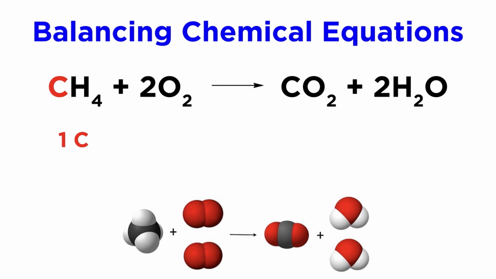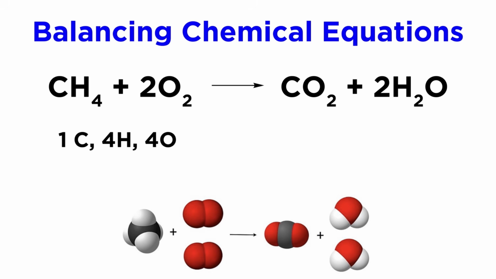on each side. Counting up the atoms on the reactant side of this reaction, there is 1 carbon atom, 4 hydrogen atoms, and 4 oxygen atoms, since each oxygen molecule has 2, and this coefficient tells us there are 2 oxygen molecules.